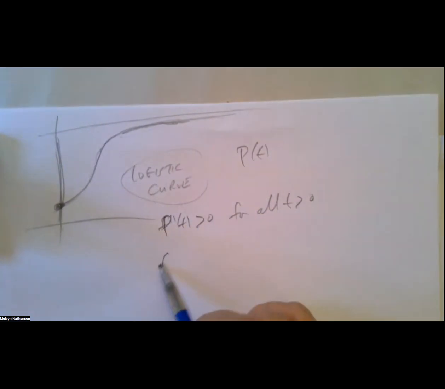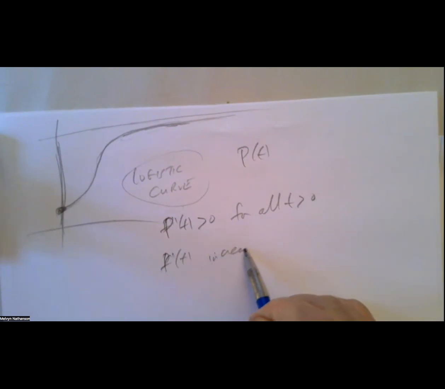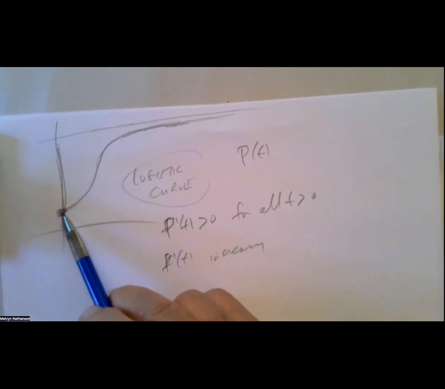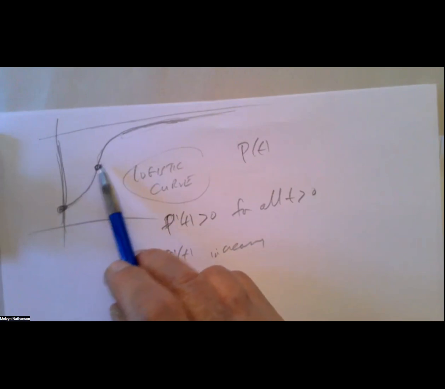And P prime of t itself is increasing. So the population grows exponentially in the beginning, faster and faster and faster. But then it hits some point where P is still increasing, but P prime is decreasing.